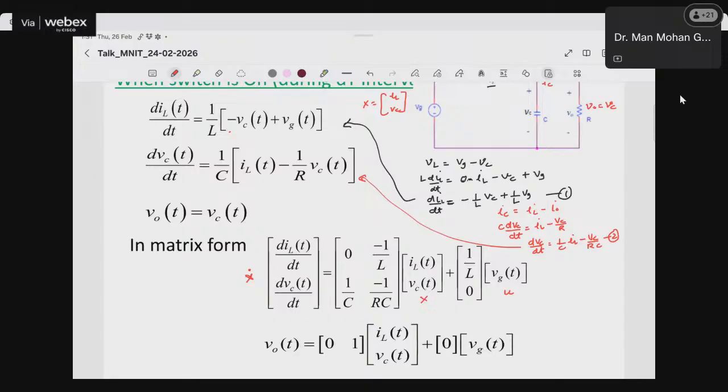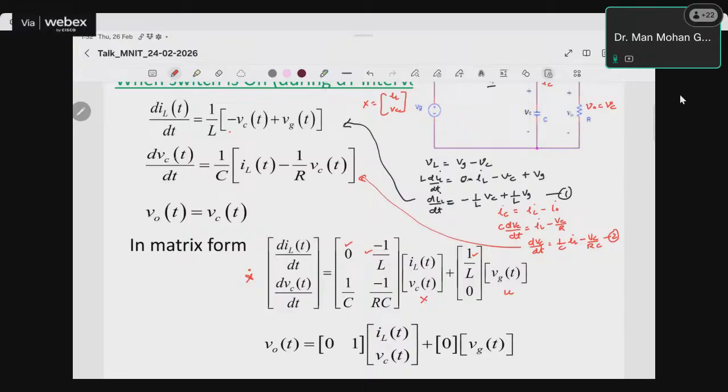First equation, dIL by dt: there is no term of IL here, so it is 0 into IL. Then the term of Vc is minus 1 upon L, plus the term of Vg, but Vg is taken out, so only the coefficient 1 upon L is left.